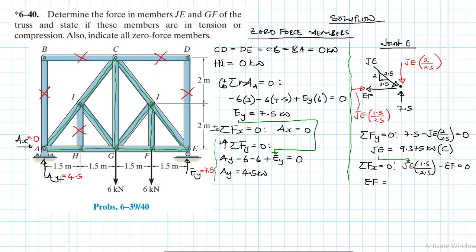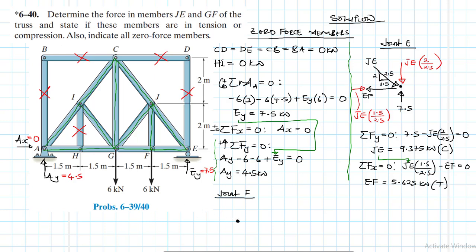Okay, so there we go. 9.375 times 1.5 divided by 2.5, we have 5.625 kilonewtons, and this one is in tension. So once we have this, then we can consider another joint, which we're just going to call joint F. So there we go. We'll draw it here like this.